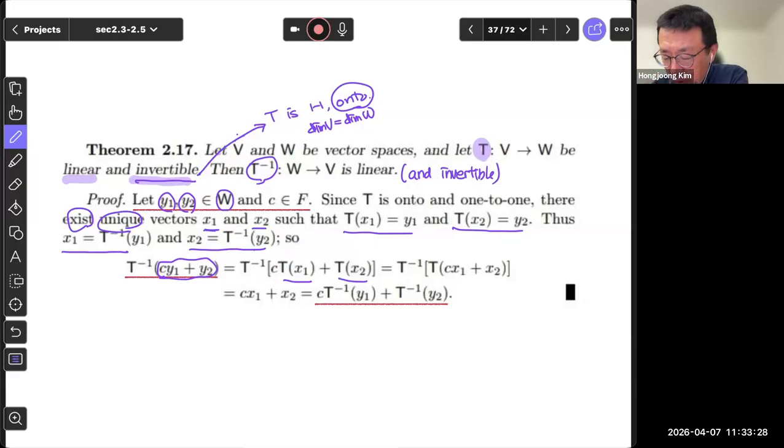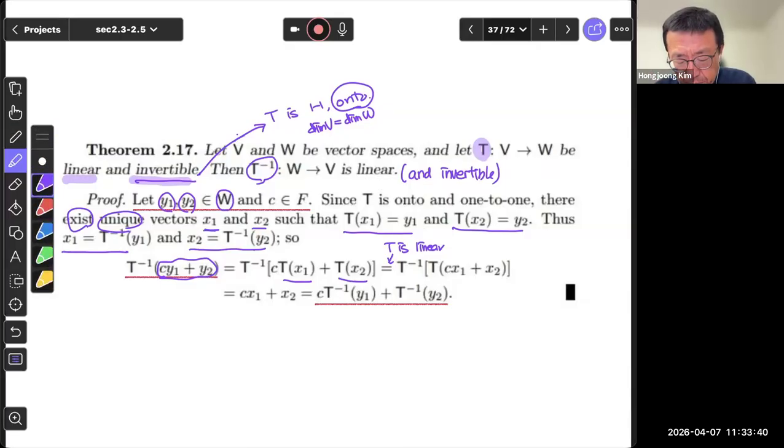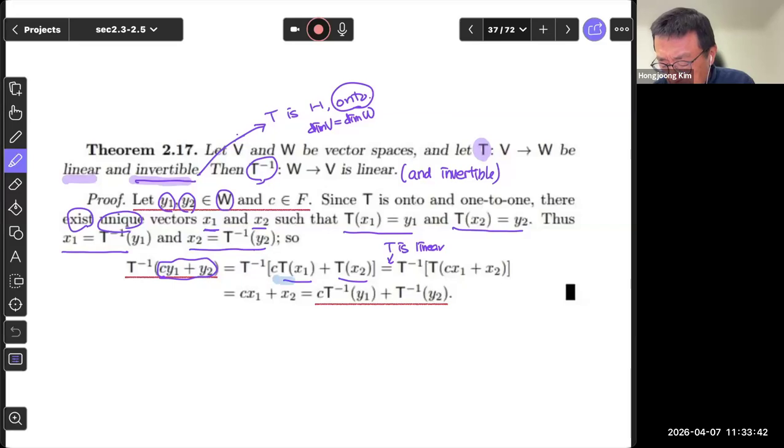And now T is linear. I'm just using the fact that T is a linear mapping, so this expression will be the same as this.